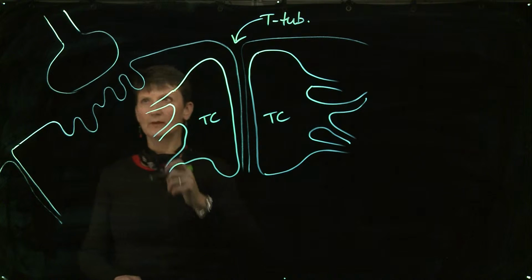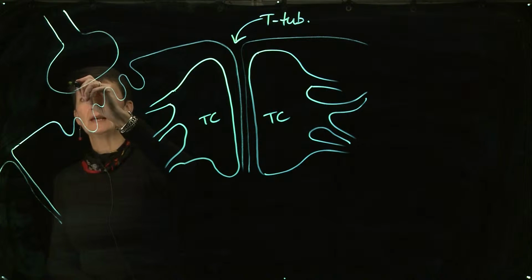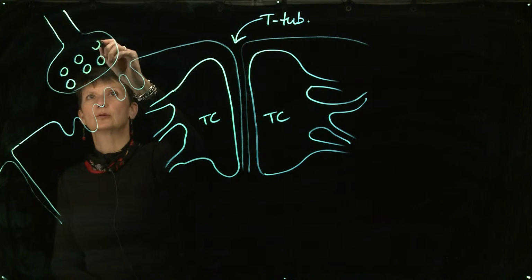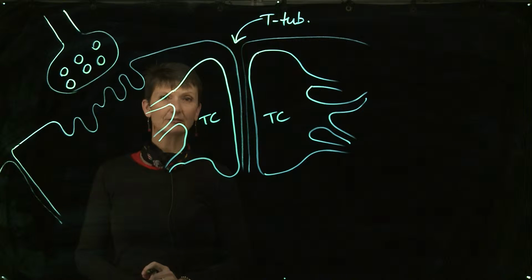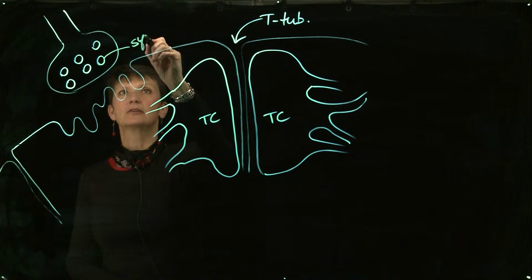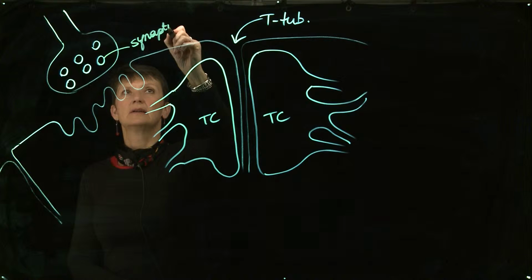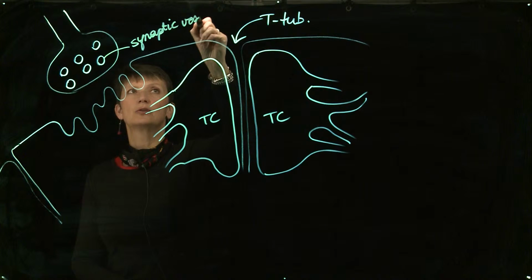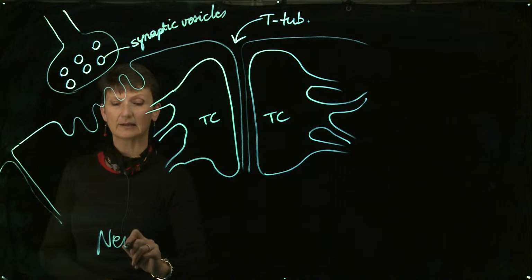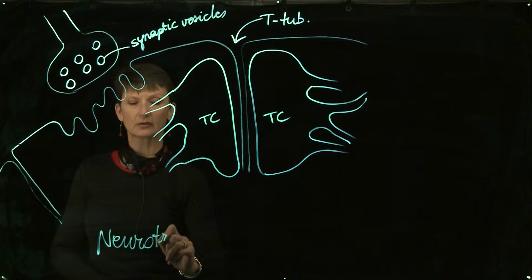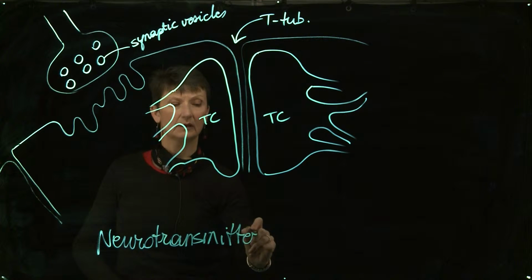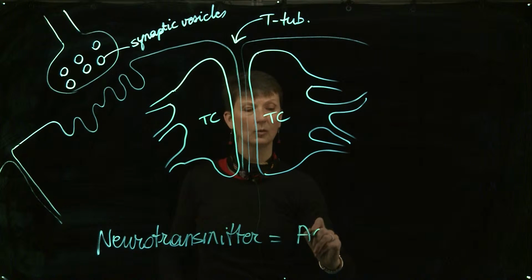Okay. Here's our axonal terminal, and inside of these axonal terminals, or synaptic bulbs, we have little vesicles, and we call these synaptic vesicles. They contain neurotransmitters. And the neurotransmitter that is always going to be released onto skeletal muscle is acetylcholine, always.